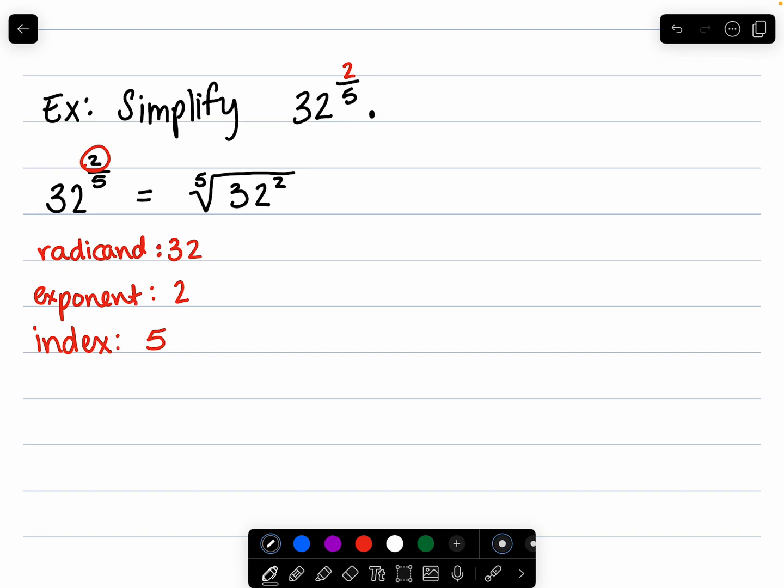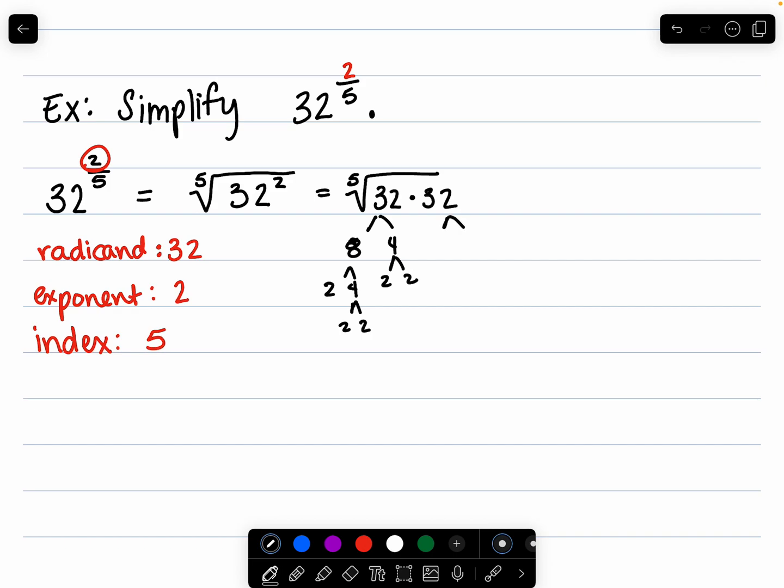Okay. So how many 32s do we have? We have 2 of them, so I'm going to write it 2 times: 32 times 32. What this means is I'm just going to factor 32 out. So that's 8 times 4, 2 times 4, 2 and 2, 2 and 2.